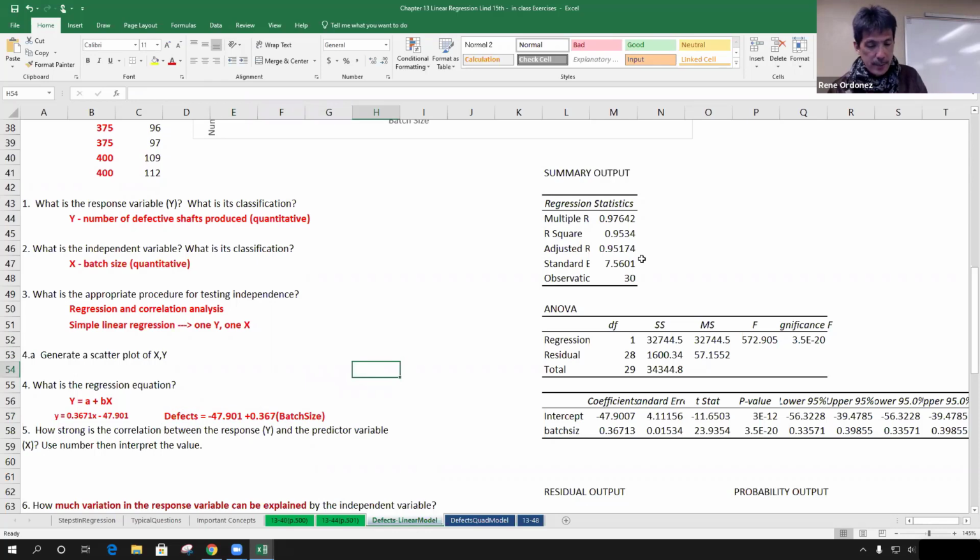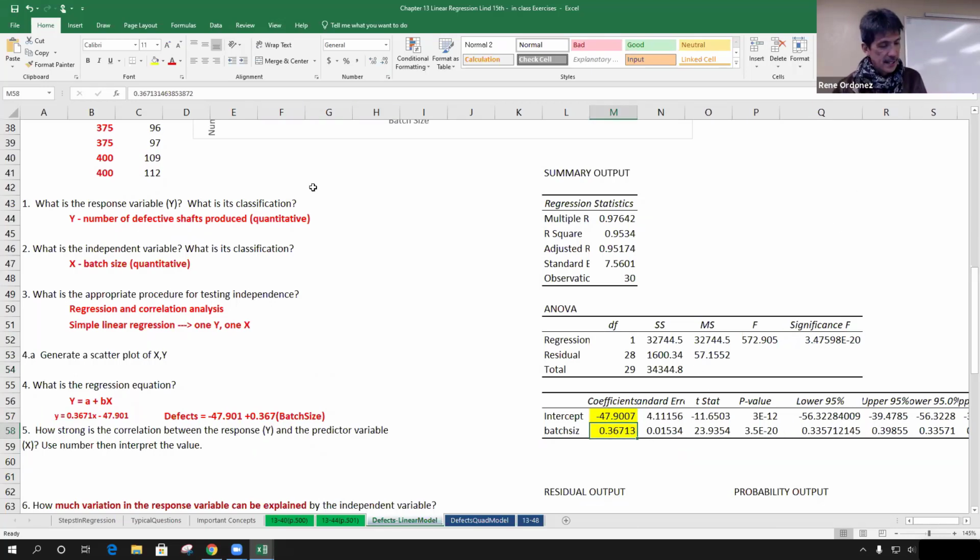You can also obtain or build the model based on this. So this is the A, the y-intercept, and this is the slope of the equation. How strong is the correlation between defects and the predictor variable, batch size?